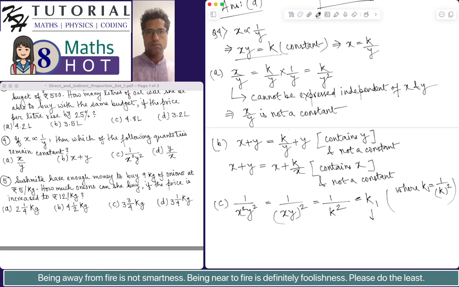So this is a constant, because k is a constant. So this implies that 1 by x square y square is a constant.